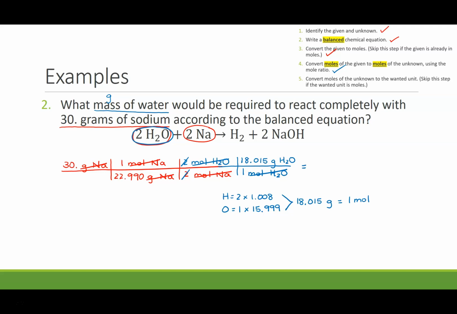There is a decimal after the 0 at the end. So that means that 0 is actually significant this time. So there will be 2 sig figs, and we will therefore round our answer to 2 sig figs. And the answer is 24 grams of water.